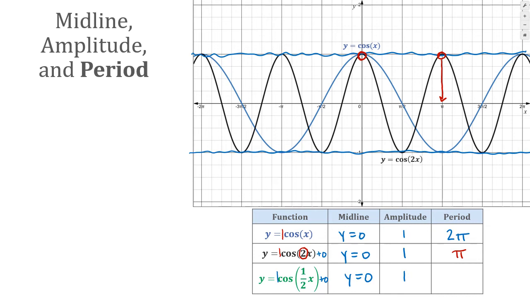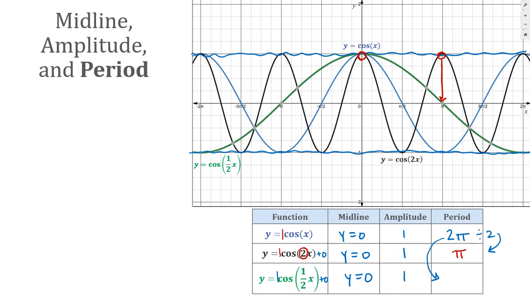Remember, for the cosine of 2x, we saw the period get cut in half, or divided by 2, right? So what do you think is going to happen here? So hypothesize that, and now let's take a look at the graph. And there's going to be a lot to look at, so hold on.